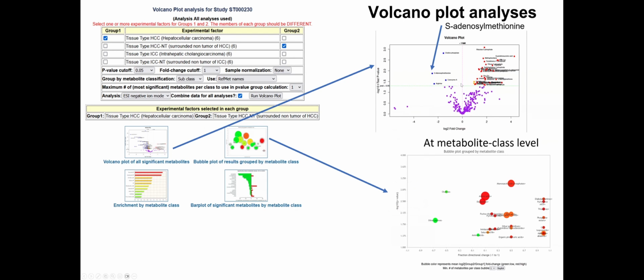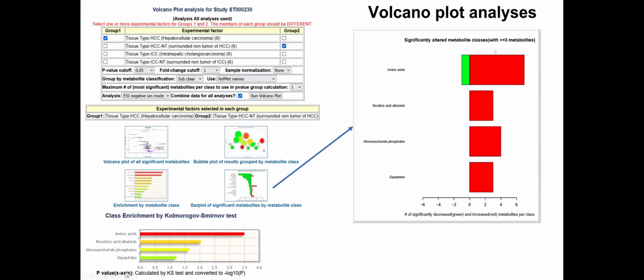For example, I can look at all the significantly enriched metabolites, positively enriched and negatively enriched or negatively regulated. I can look at a comparison between these. I can download this data, and then I can further look at it in the form of volcano plot analysis further in terms of saying, hey, these are all the amino acids. I can download a list of these. These are all the nicotinic acid alkaloids, monosaccharide phosphates, dipeptides that are upregulated.